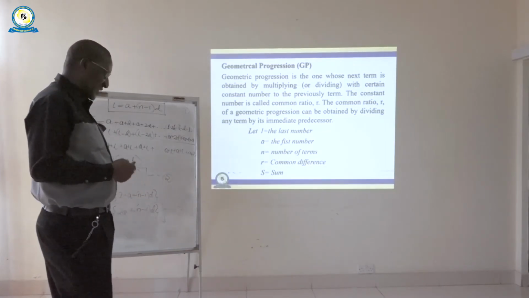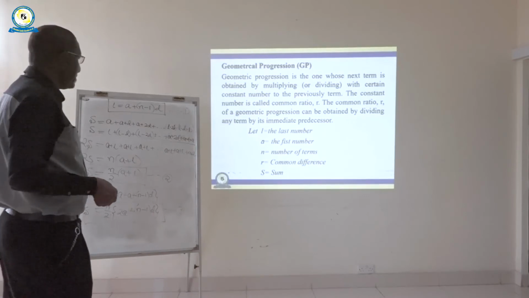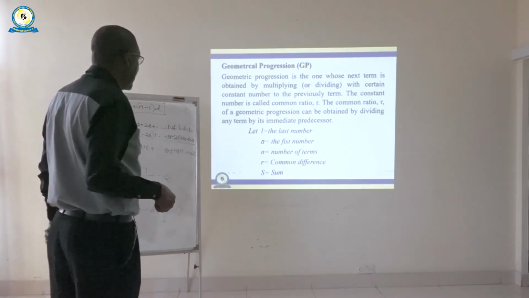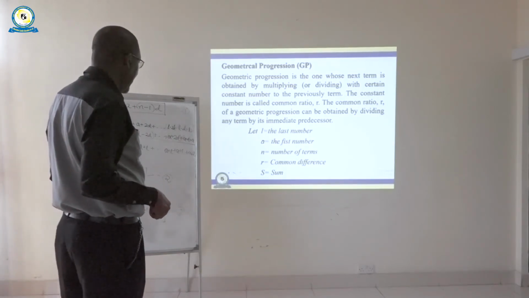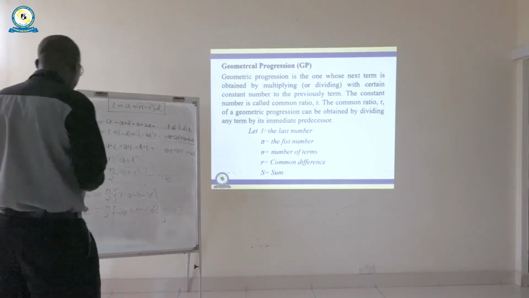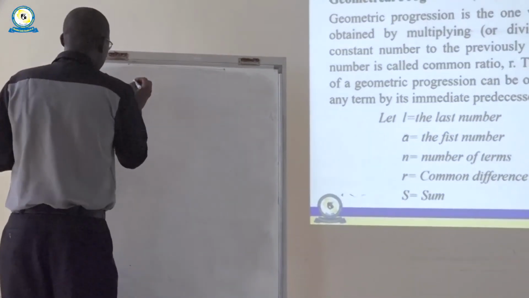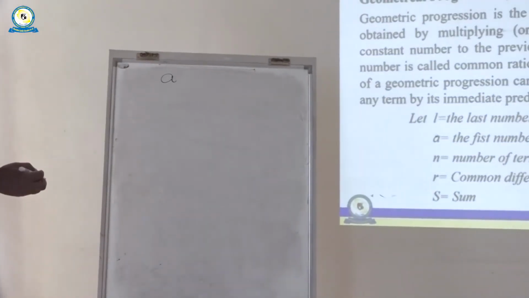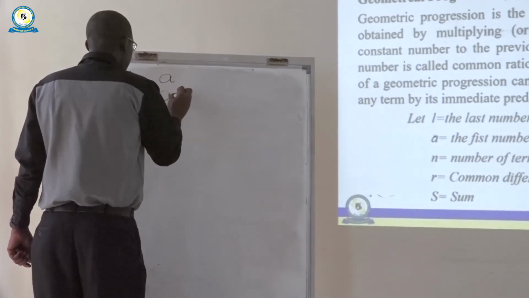Let L be the last number, A be the first number, N be the number of terms, R be the common ratio, and S be the sum. The first number is A. The second number is AR.